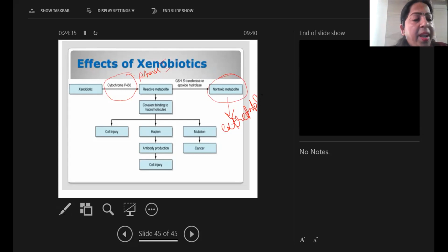Understood? Any of the points you are not able to understand, you can ask me. One thing let me clarify: any xenobiotic which enters your body, if it already has some functionality, may skip phase 1 metabolism. It does not necessarily have to undergo phase 1 metabolism. If it is already hydrophilic, with some electronegative functionality which is highly hydrophilic, then it doesn't require any phase 1 metabolization.